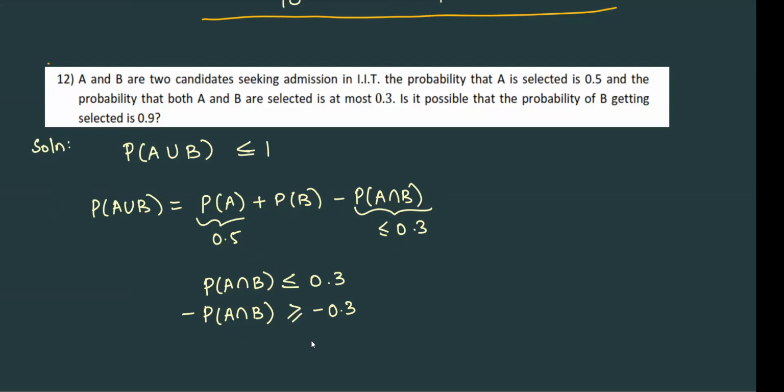So in any case, let us check this. P of A intersection B is at most 0.3, so minus P of A intersection B is at least minus 0.3. Now you add P of A plus P of B to it.